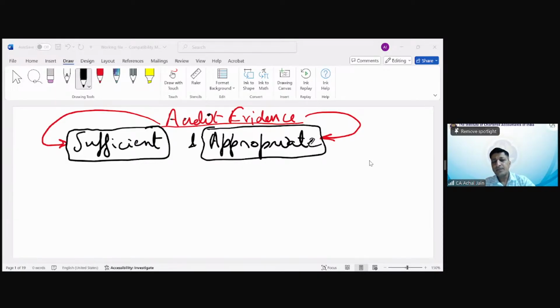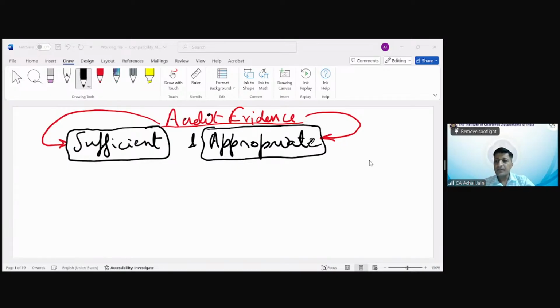If it is not matching, then we will scrutinize it. These items are not debited, these items are not credited, this is the reason for the differences. We are analyzing those things, and finally we feel it is sufficient. We are confirming that.